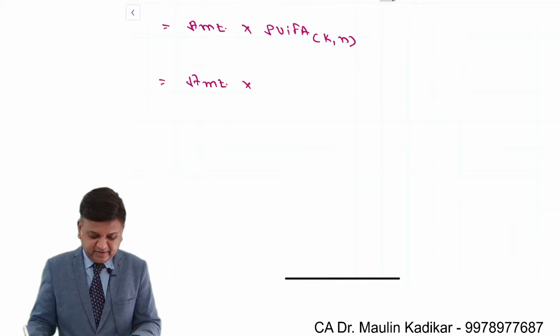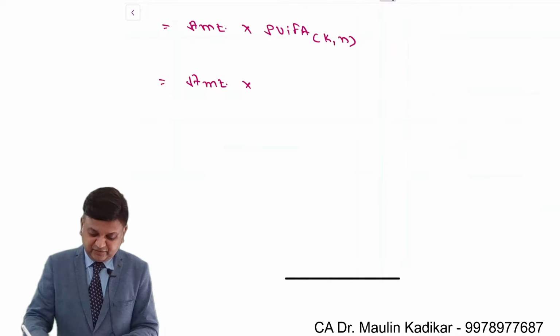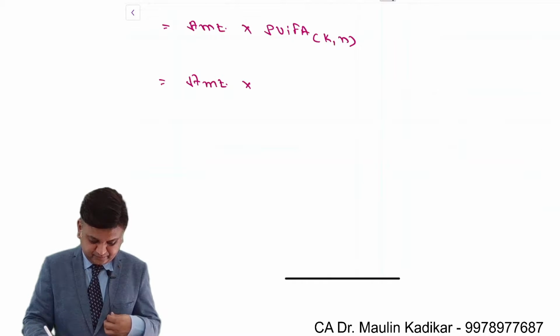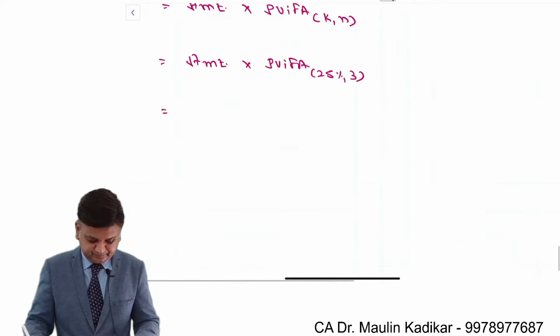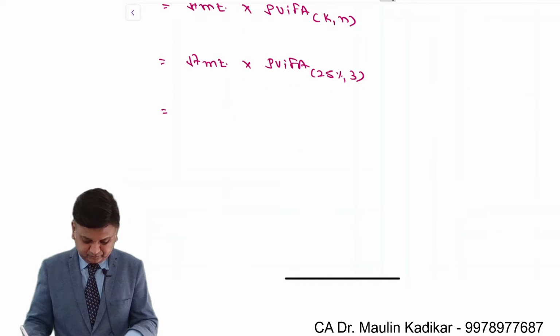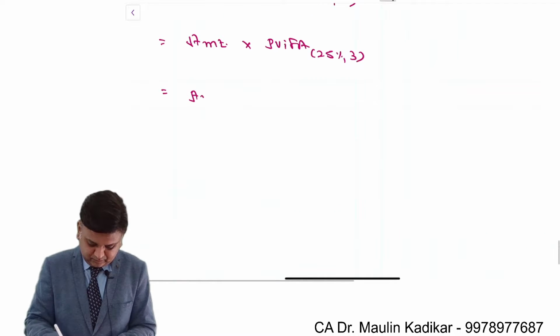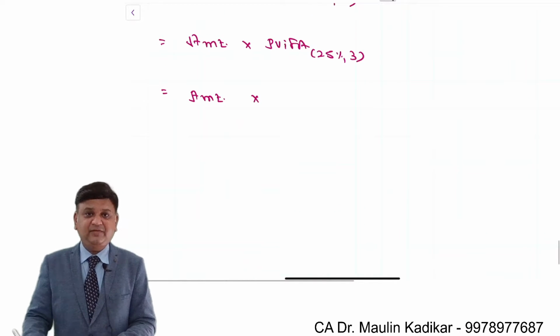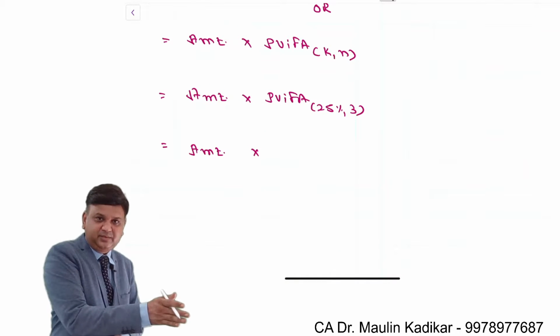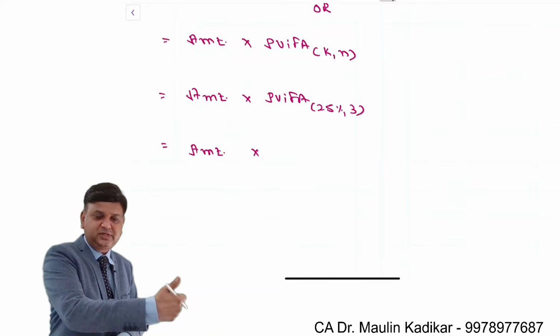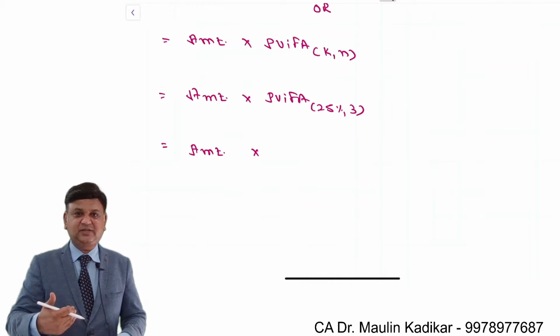So amount into PVIFA. What is the rate of interest? 25%. PVIFA at 25% for 3 years. PVIFA indicates that from end of year 1 to end of n number of years, if you are going to receive 1 rupee, then what is the present value?